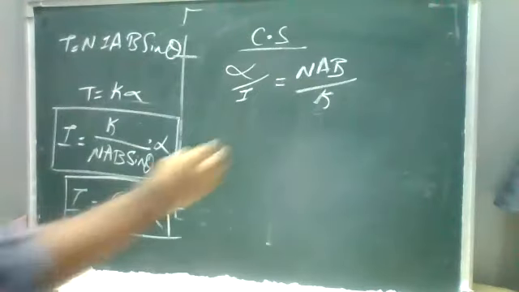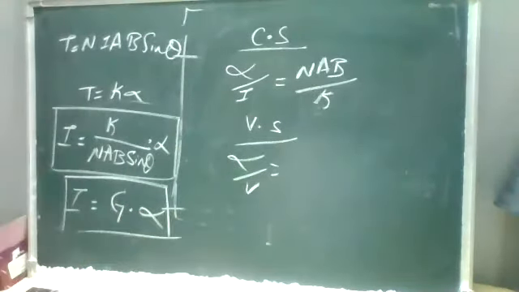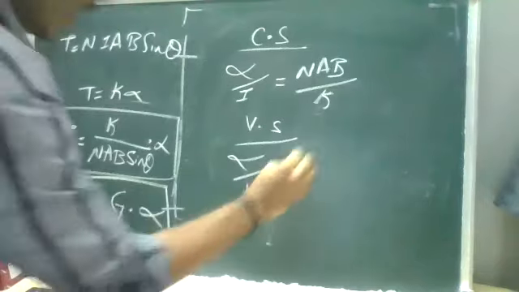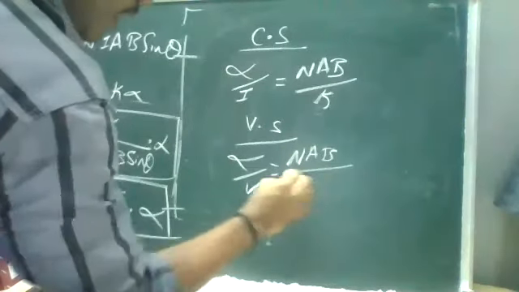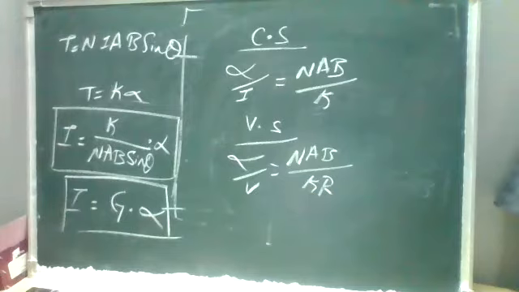And voltage sensitivity is alpha by V. There will be some resistance, so it is NAB by KR. So these are your relations.